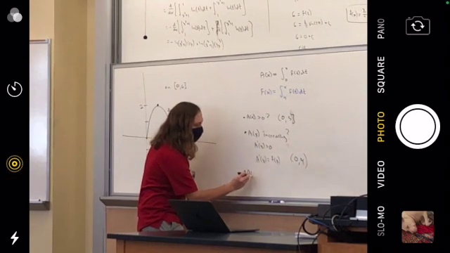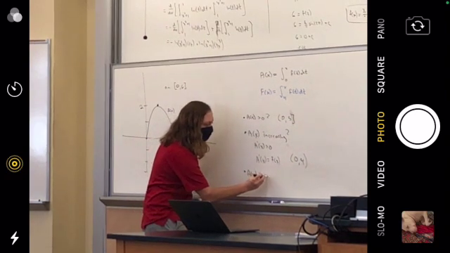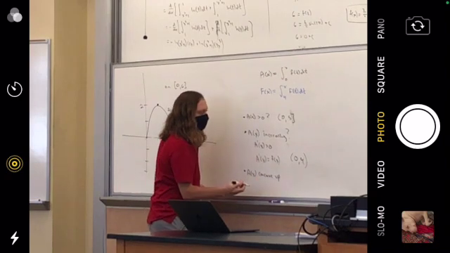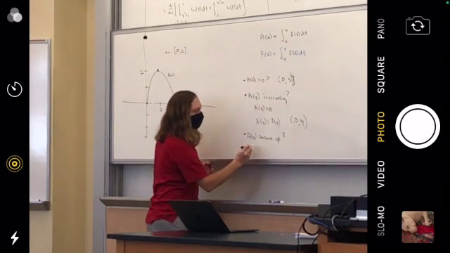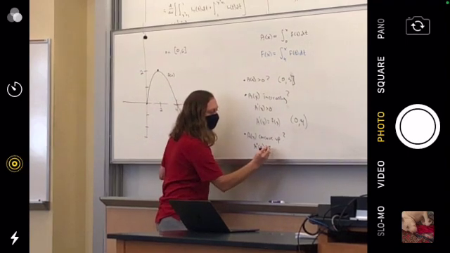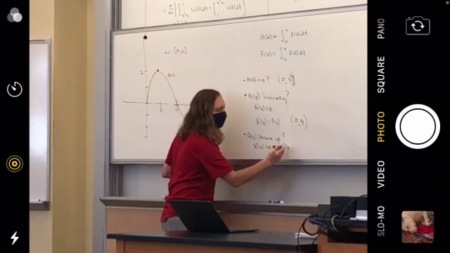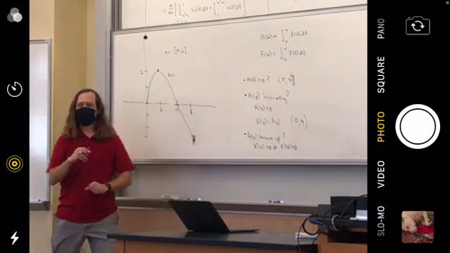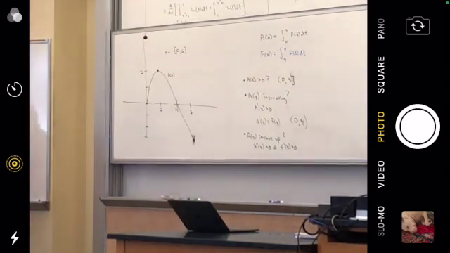Okay. What about concave up? That means f double prime is positive, which tells me that f prime of x is increasing. What interval does that happen? It is 0 to 2.